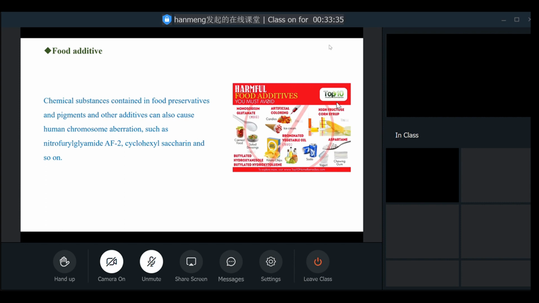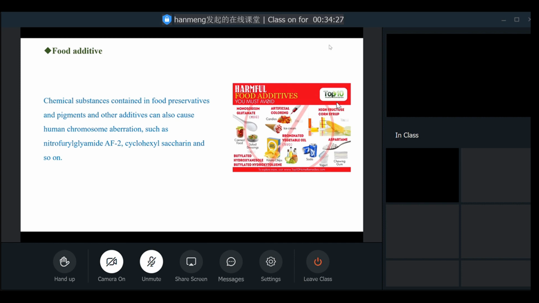Finally, there is the food additive. Actually, except for fresh fruits or vegetables that we eat, almost all the food that we buy from the market has food additives.